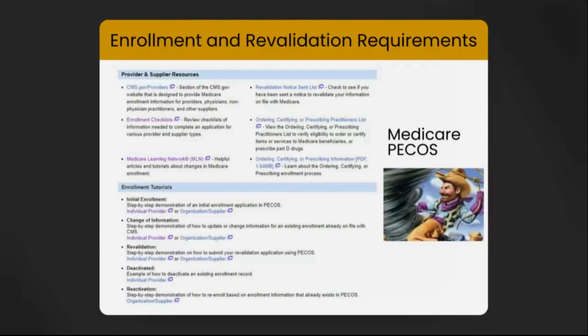You can also check the status of your enrollment right on the PECOS Medicare website, which is pretty nice, because if you're waiting to find out where you are along the process, you can get that information there. So moving on, in summary, you can enroll in two ways: either by paper, where you can get the information and documents right off your Medicare contractor site, or through the Medicare PECOS portal, which is by far the preferred and recommended method.